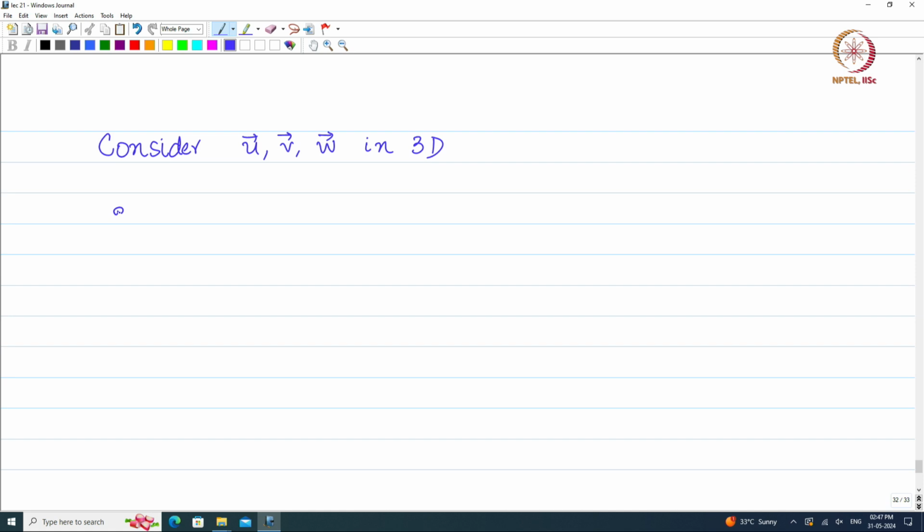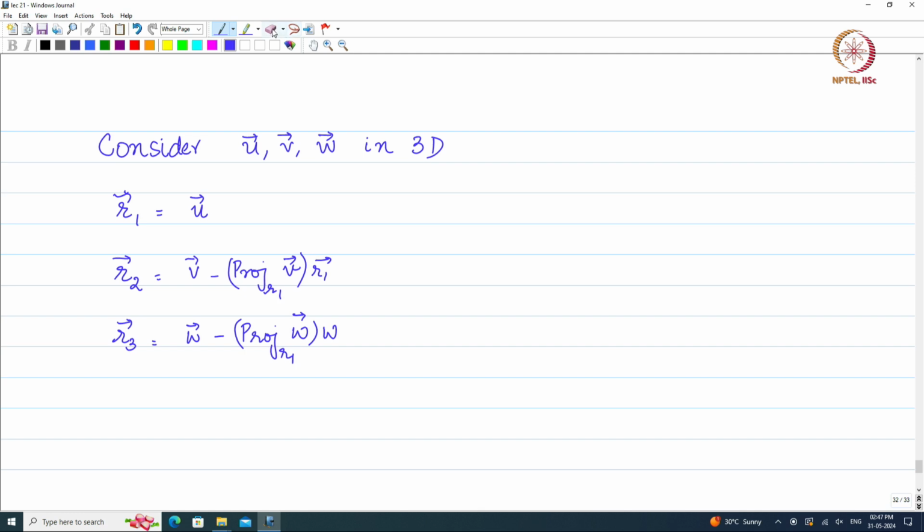Let me take the vector R1 equal to the vector u, the vector R2 is basically v minus the projection of v onto R1, and R3 is basically this vector w, subtract the projection of w in the direction of R1, and subtract the projection of w in the direction of R2, that is, project the vector w onto the direction of R2 and then subtract the projection, basically the dot product which you get.